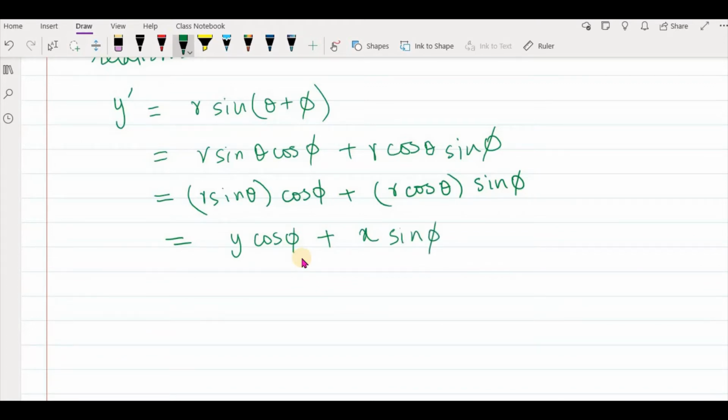So finally we can rearrange it, and we can write down y dash is equal to x sine phi plus y cosine phi.